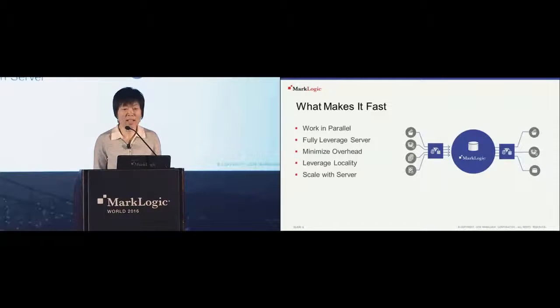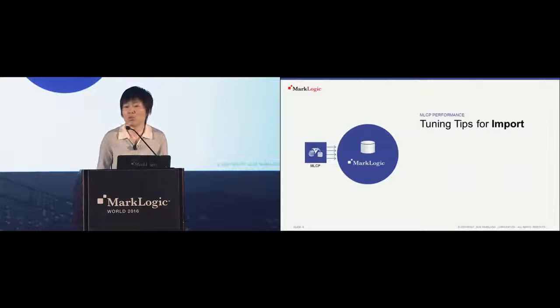So if running multiple threads on a single machine cannot keep up with the processing power of your MarkLogic cluster, you can run MLCP in distributed mode, which leverages multiple nodes to run the workload. So when it comes to tuning an MLCP job, the key to remember is to fully utilize your server.